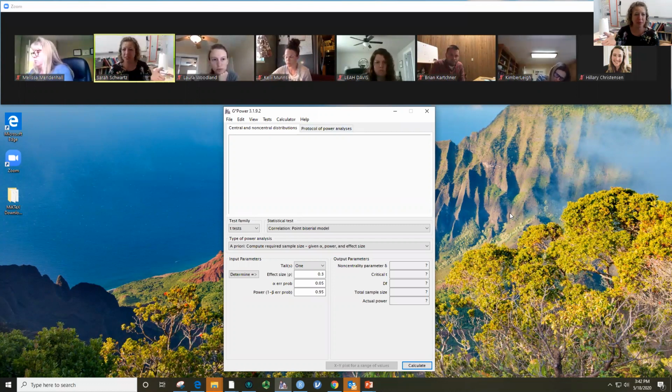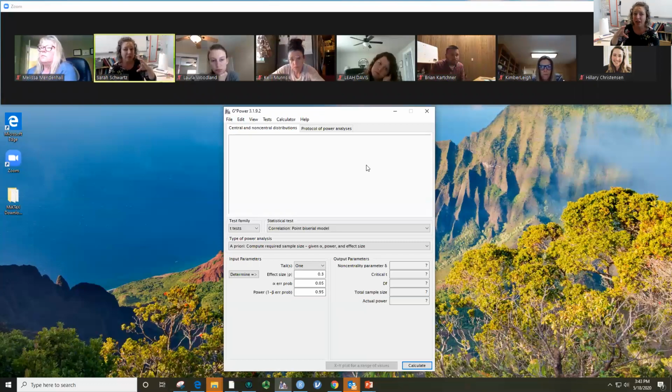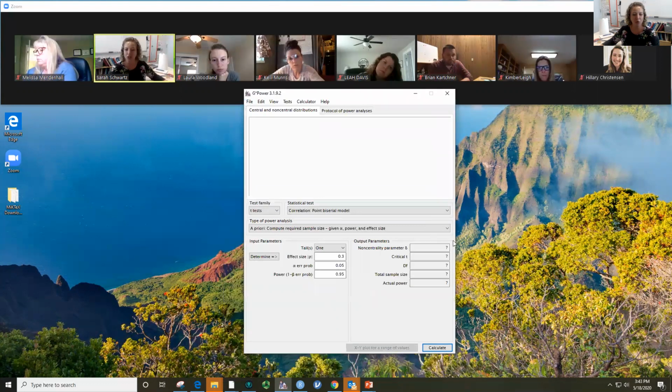So can you guys see my screen? Is it really tiny? I have not found a way to make this bigger on my screen. Now, who has Macs? G-Power works great on a Mac, but this is the one thing I found. Sometimes your screen resolution will make this window sit down low, and you won't be able to see this calculate button.